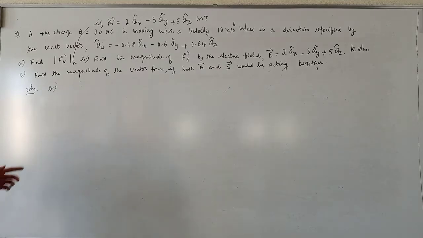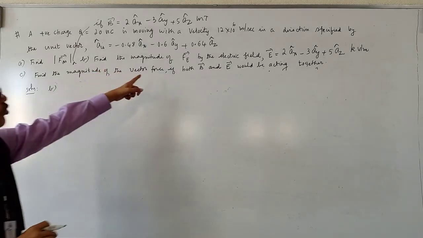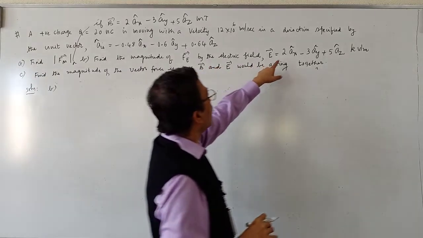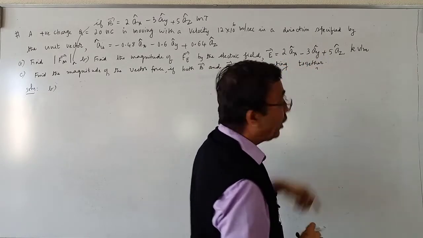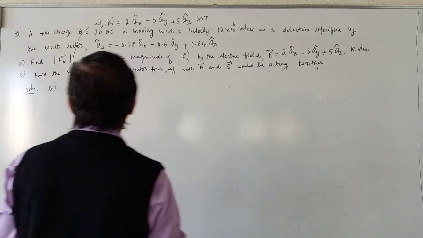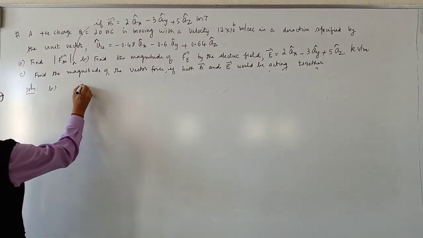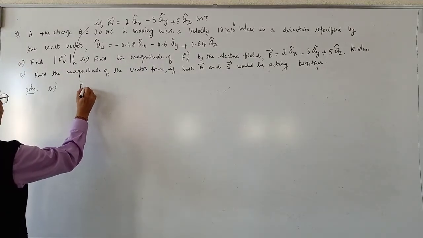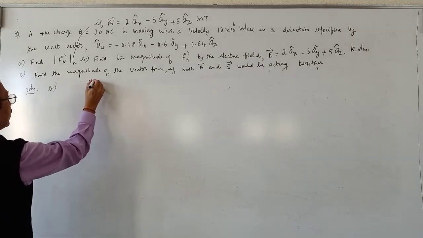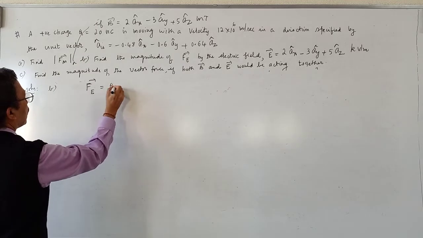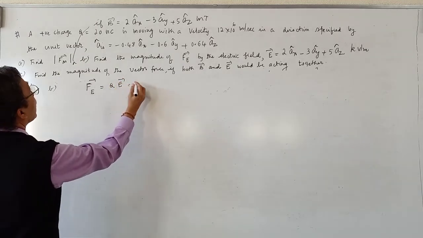Part B. Find the magnitude of the electric force. The electric field is given by 2 times Ax cap minus 3 times Ay cap plus 5 times Az cap kilovolts per meter. Electric force vector Fe is given by Q times vector E. What is Q?